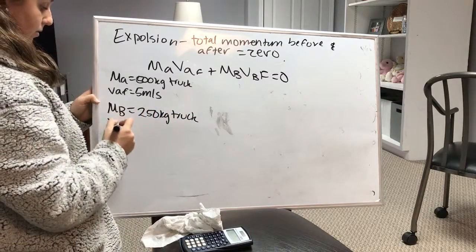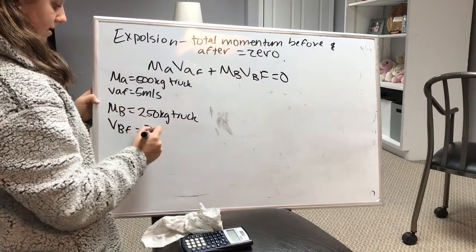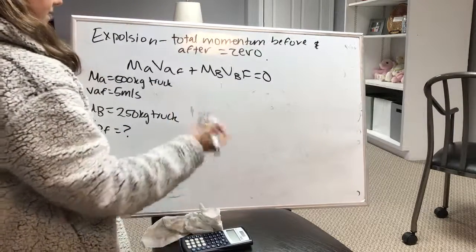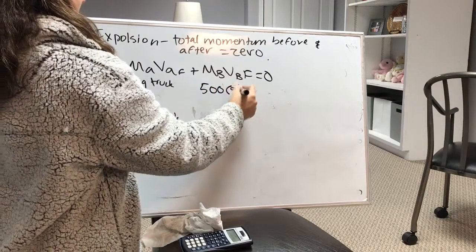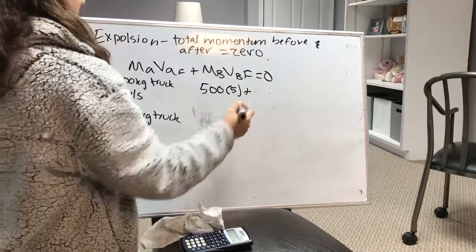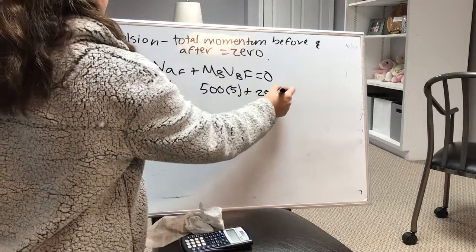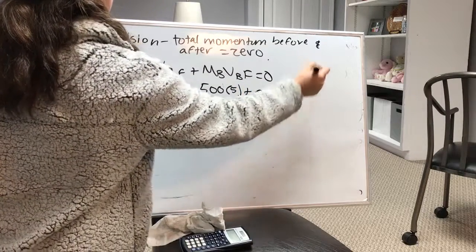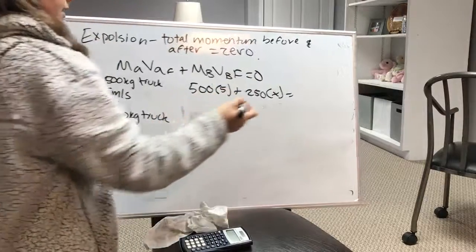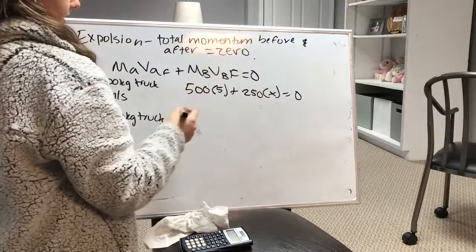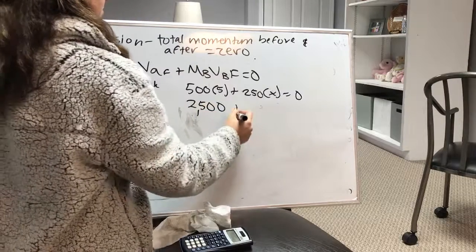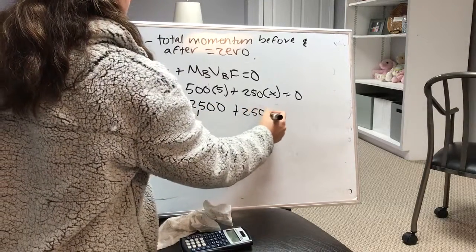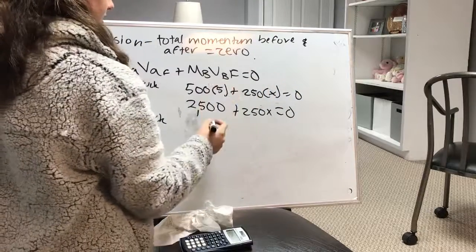We need to know what is the velocity of B. Again, we just take it and plug it into our equation. 500 kilograms times 5 meters per second plus 250 times x, solving for the velocity of B, is equal to 0. 500 times 5, 2,500, plus 250x is equal to 0.